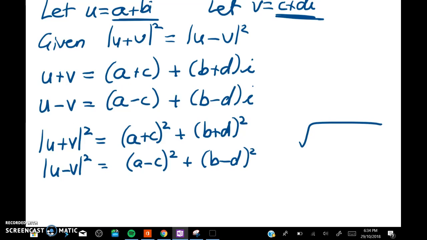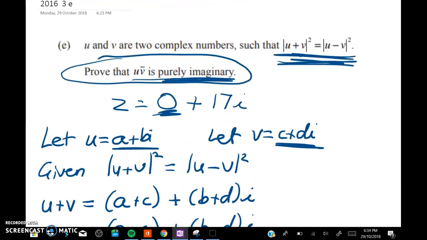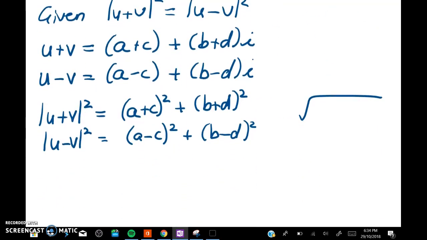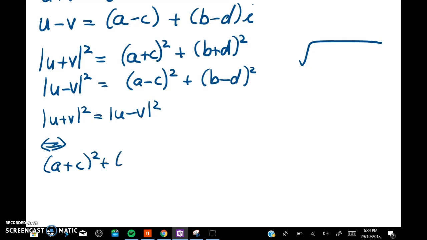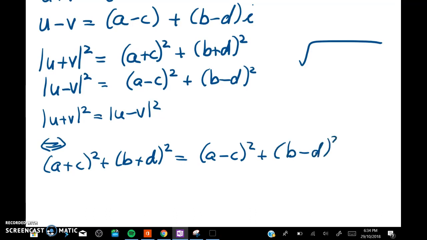Now going right back to the question for a minute, we're told, remember, that this is true. So we're now going to equate those two expressions. So we'll write that down, and that's equivalent to a plus c squared, this. So it's pretty obvious what we have to do now.